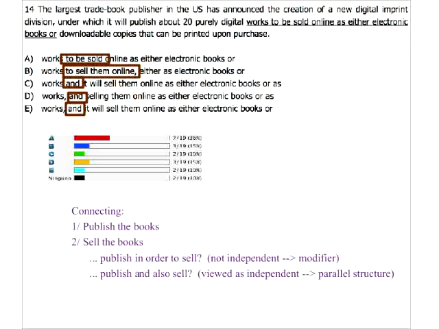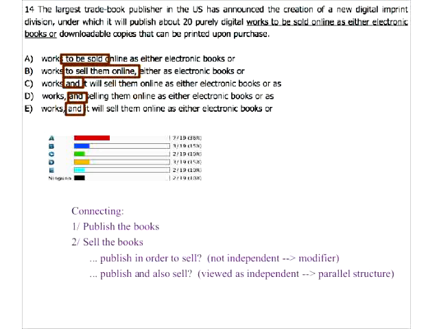I mean, you're correct, but we need something more, because this is not so much common sense. This could be either. Because if I say that a company publishes books and also sells them, then that is totally legit. But if I say a company publishes books in order to sell them, then that's also legit. It just depends on what the company means. So, copies that can be printed upon purchase, not really, because that's what the consumer does. So that's not really relevant.